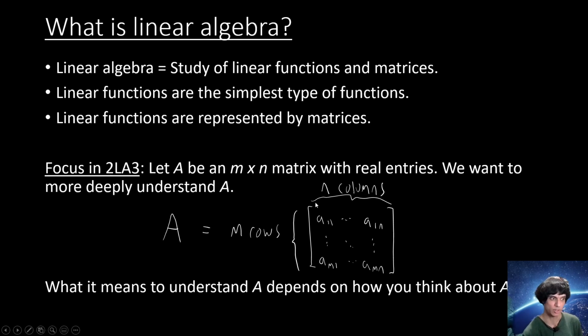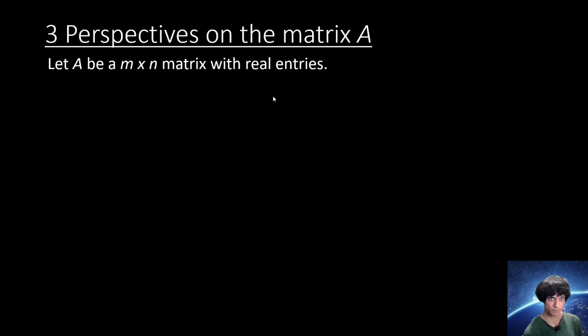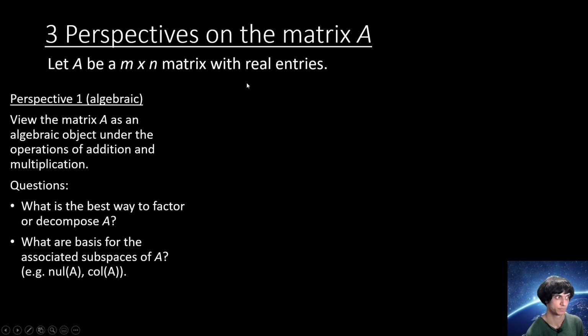So I'll give you 3 different perspectives on how to think about what this matrix A is. If we let A be an m by n matrix with real entries, here are 3 ways of thinking about what the matrix A is, or what it represents. The first perspective is the most abstract, called the algebraic perspective. We view the matrix A as an algebraic object under the operations of matrix addition and matrix multiplication.